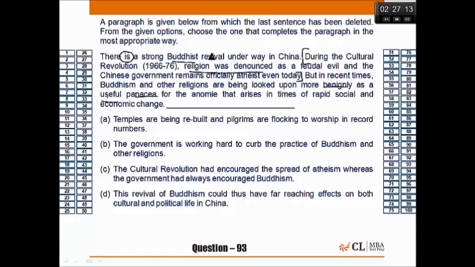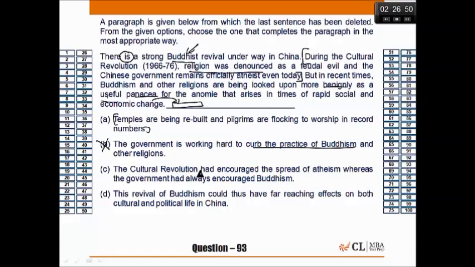So what is it saying? It's saying there's a revival, they like Buddhism, but in recent times. So I'm looking for something that immediately follows this. Temples are being rebuilt and pilgrims are flocking. Oh, this explains this. This makes sense. Good continuation. The government is working hard to curb the practice of Buddhism. Why? That is contradicting the information given.